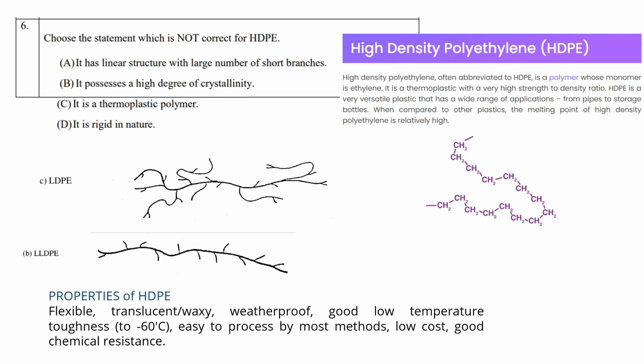Now, for high density polyethylene, they want to know the correct statement. So let's first look at the properties of high density polyethylene, known as HDPE. It is a polymer whose monomer is generally ethylene units, and it's a thermoplastic with a very high strength to density ratio.